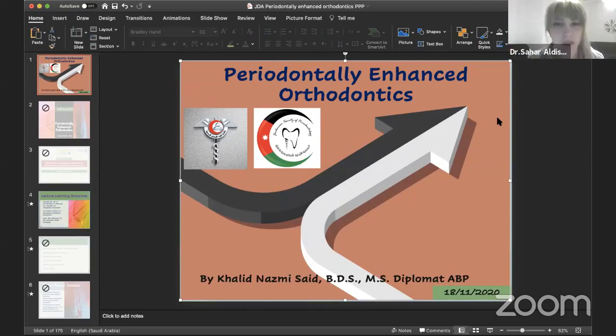Okay, what is the best treatment plan for a patient with amelogenesis imperfecta who needs ortho from a periodontal point of view? I shared this case with you, and those cases are very few, so I cannot give you a blanket statement, but just from experience, the problem is the fast attrition.